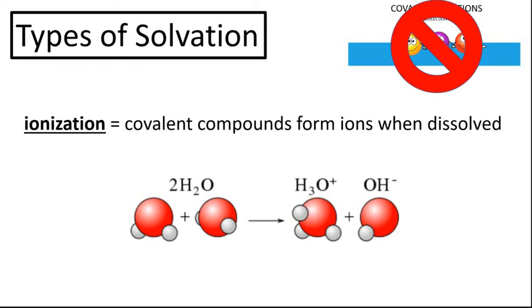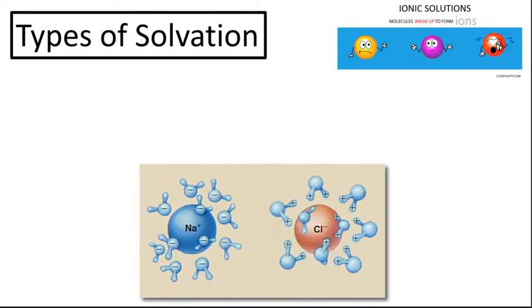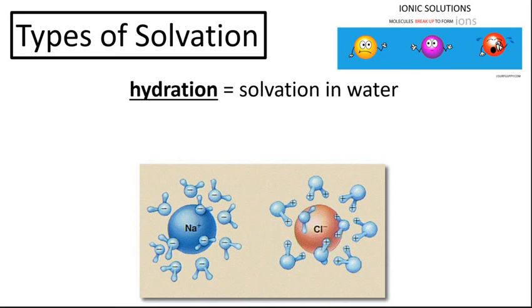Now, one that you're pretty common with is ionic solutions. It is still considered hydration when you have it in water, even if it's ionic. But what you can see up in the corner is we have a sad series here of atoms, because in ionic solutions, the atoms do not stay together.